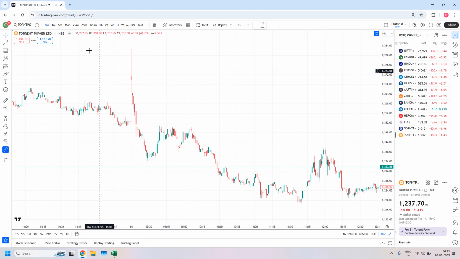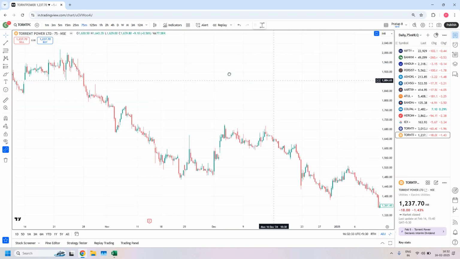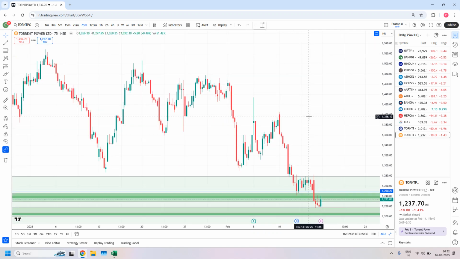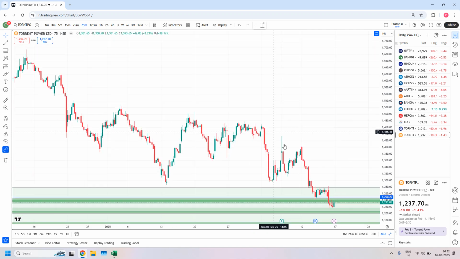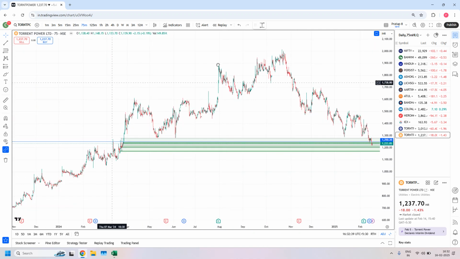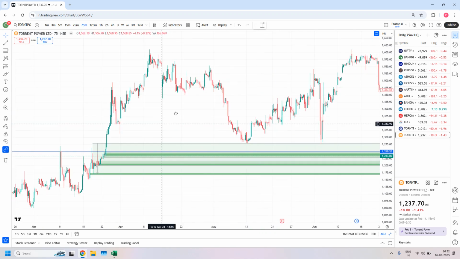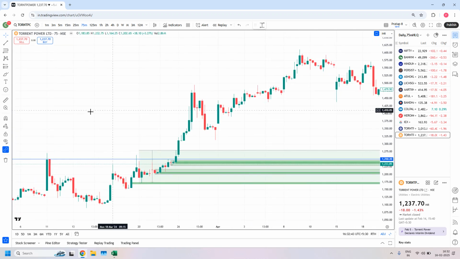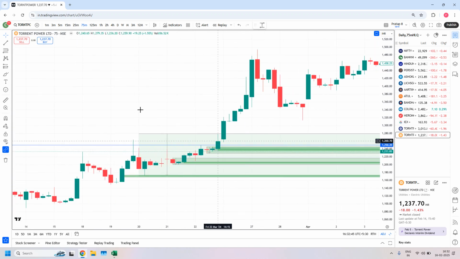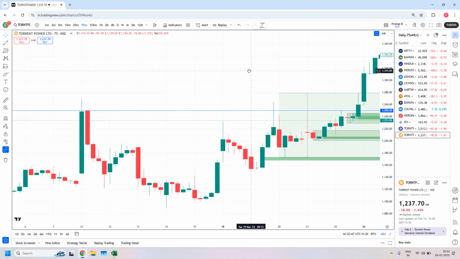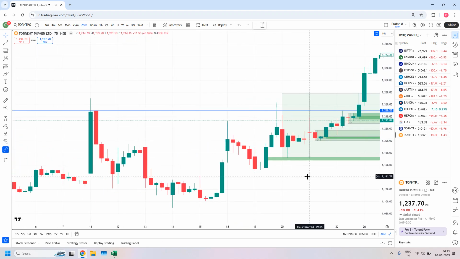Torrent Power. This is also a 75 minutes high liquidity zone. So this is a rally base rally.